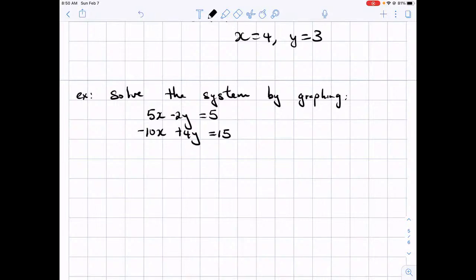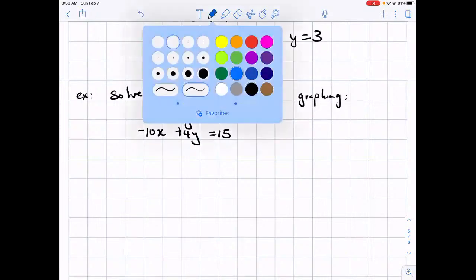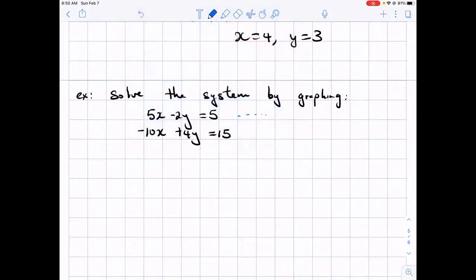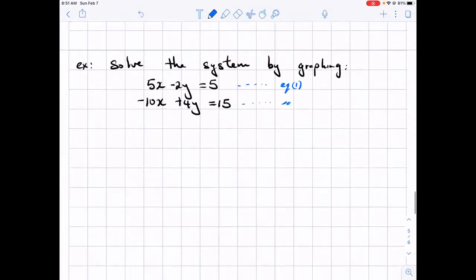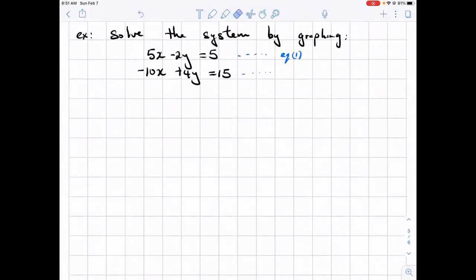Once again here, I'm going to call this equation 1, and I'm going to call this equation 2, just for writing purposes, so when I refer to them, you will know what I'm referring to.